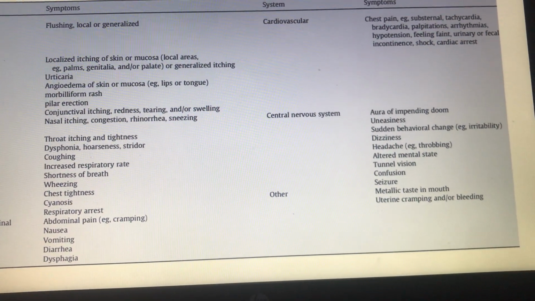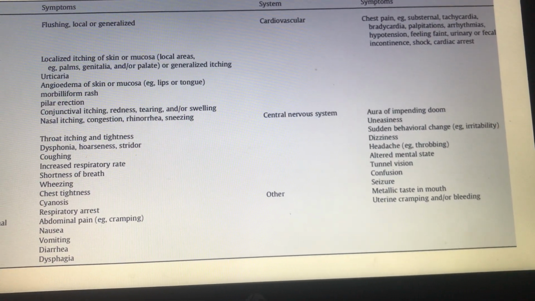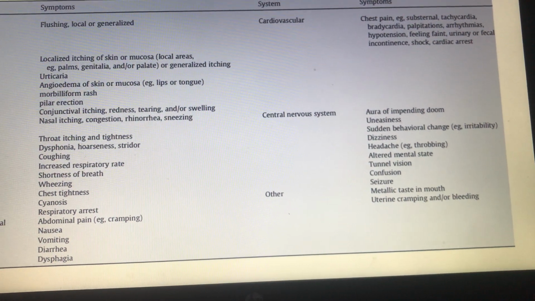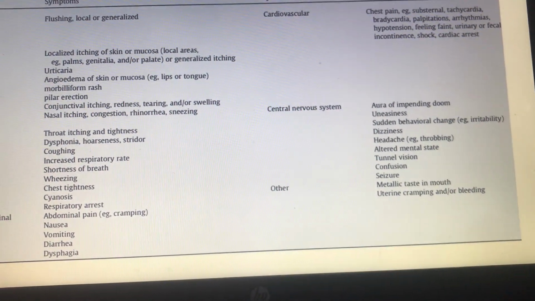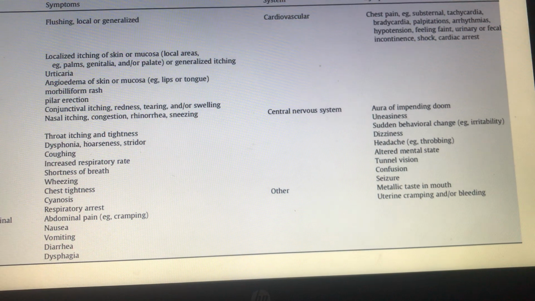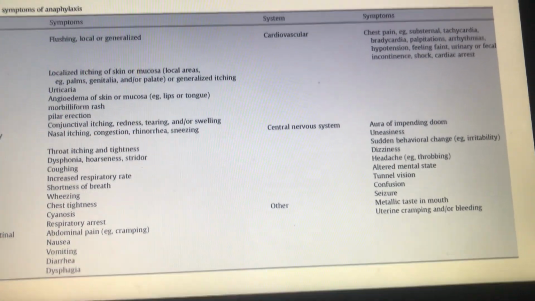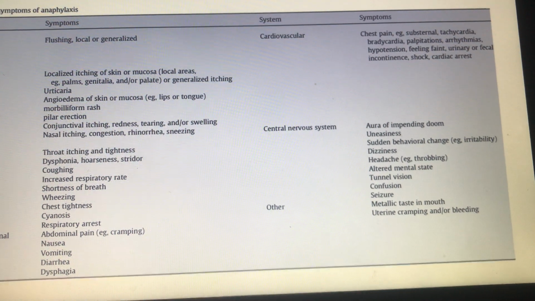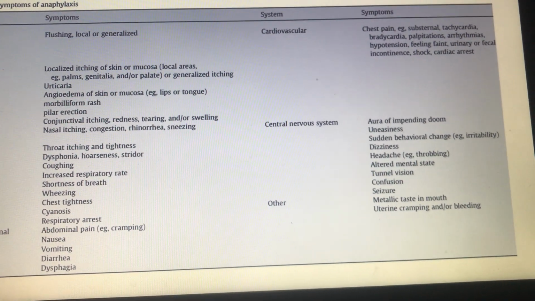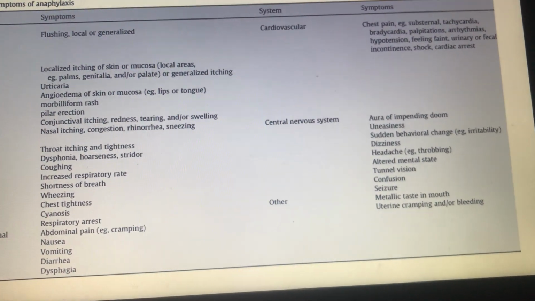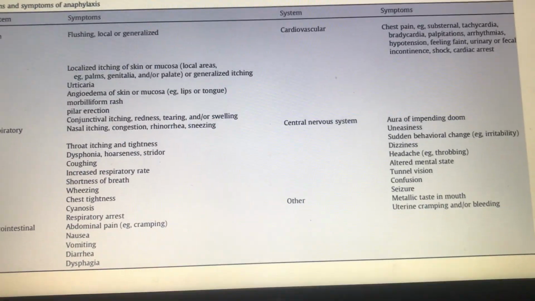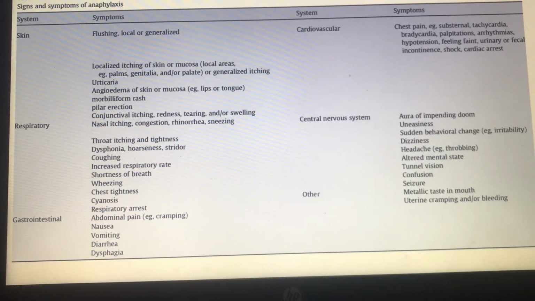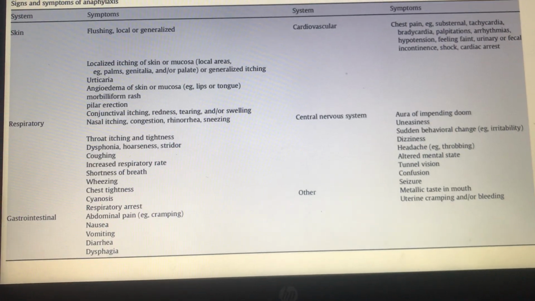So for the symptoms of anaphylaxis, on the skin there can be flushing, local or generalized. Respiratory and eye symptoms can be conjunctival itching, redness, tearing and swelling, nasal itching, congestion, and sneezing. Gastrointestinal, the patient can present with abdominal pain, nausea or vomiting.